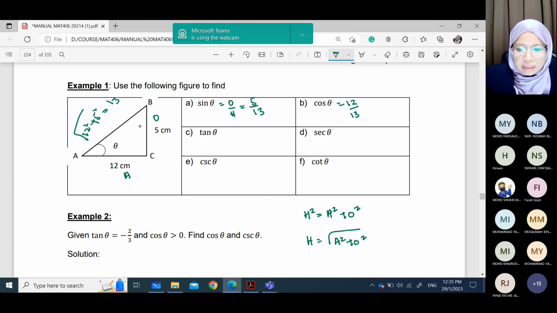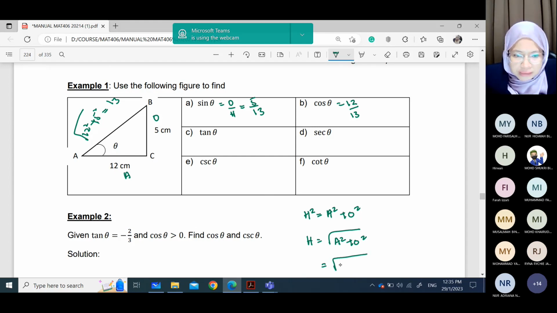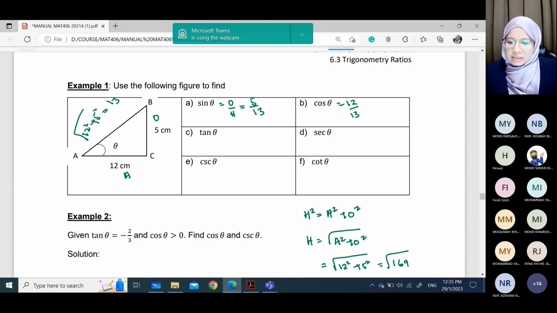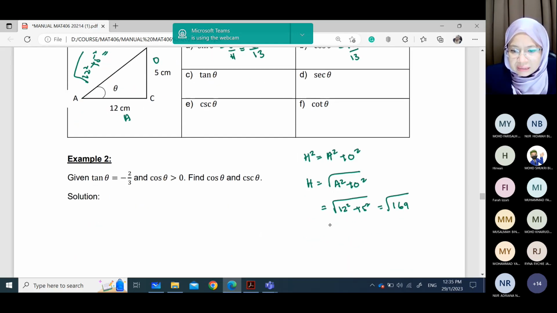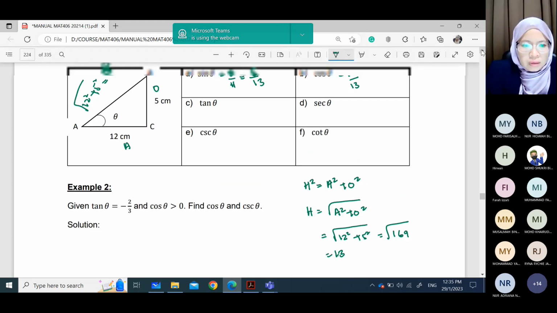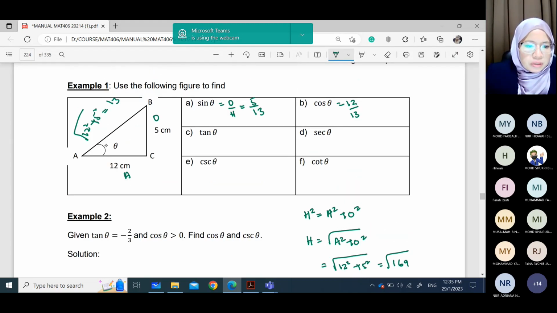Untuk segitiga yang ini, A dia adalah 12, O dia adalah 5. Jadi hypotenuse dia adalah square root 12 squared plus 5 squared, so kat sini kita dapat square root 169. So the hypotenuse here is 13. Right. So our hypotenuse is 13.